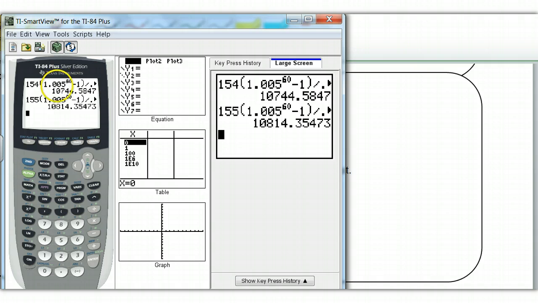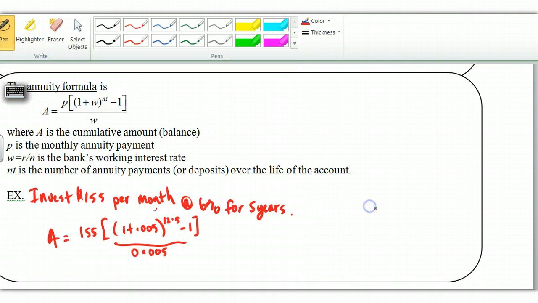Here I did the 154 just to see what the difference would be. Just $1 more for those 5 years every month would equate into about $70. $60 for $70, I'll take that trade. And so this is approximately equal to $10,814.35. Thank you very much.